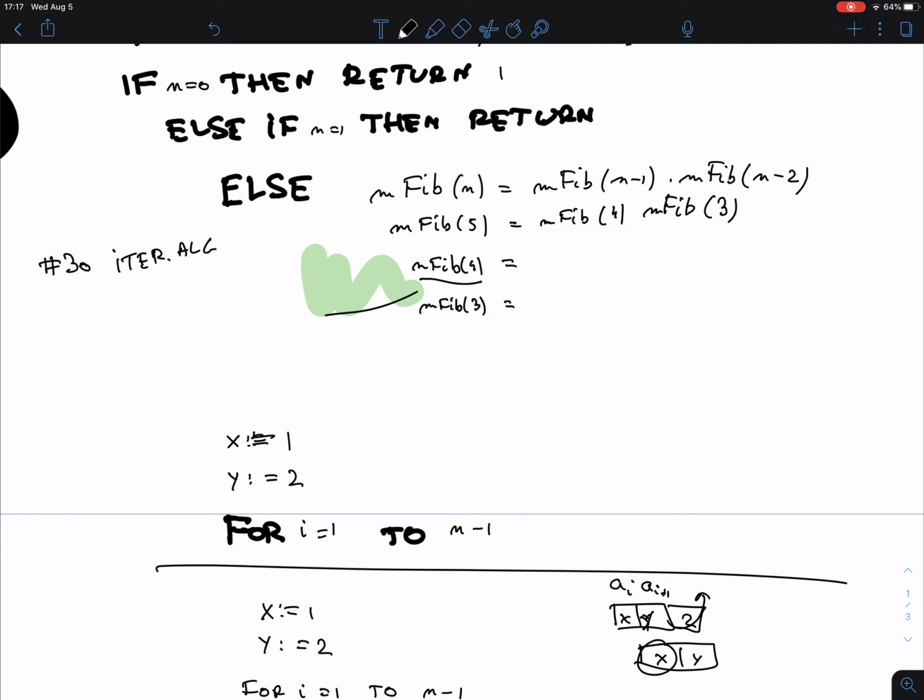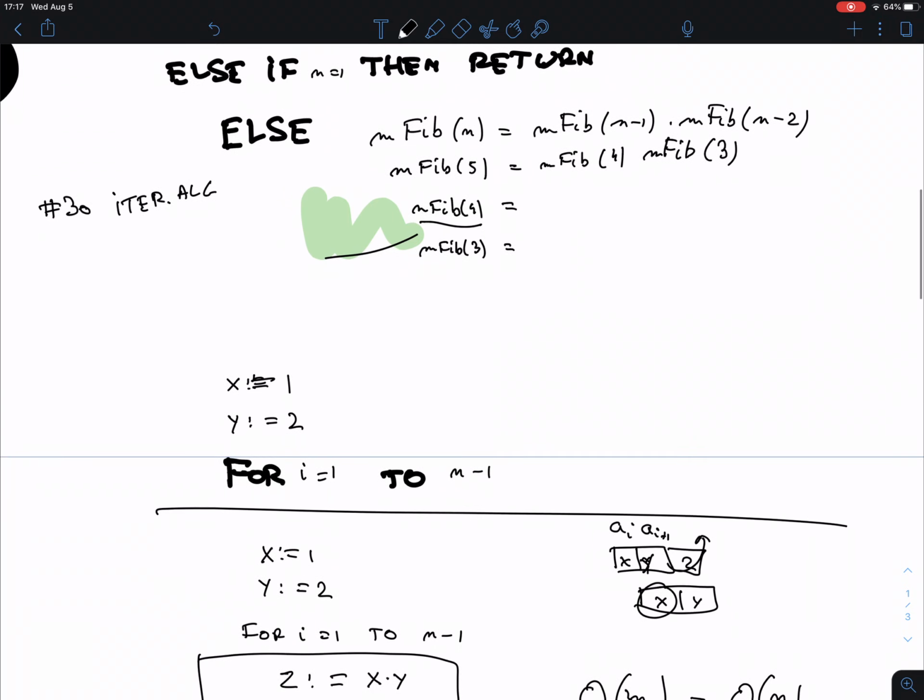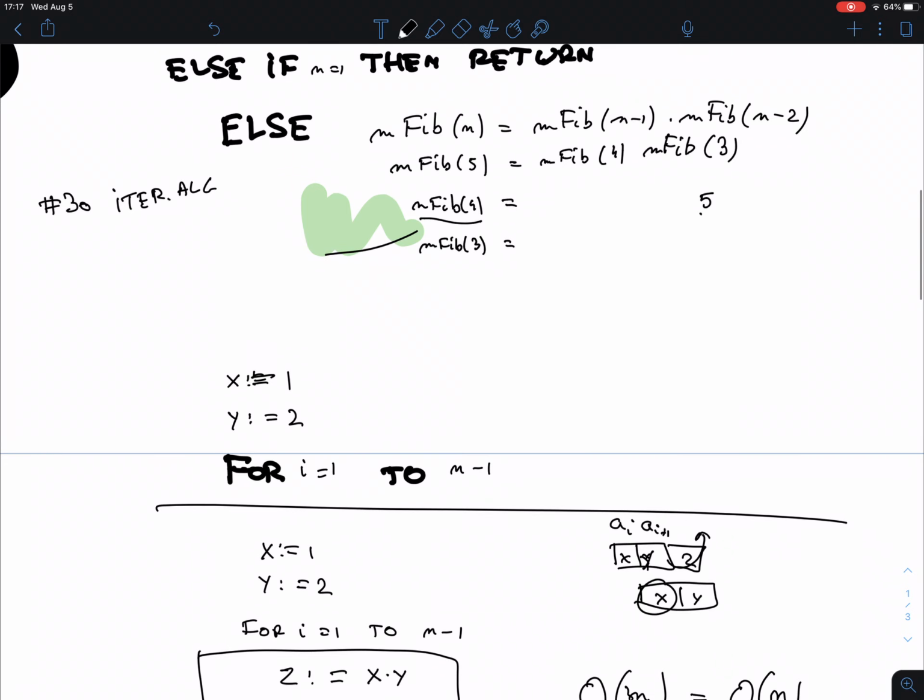Okay, so the way that one often represents this is in a tree. So you have 5, and for 5 you have to do 4 and 3, and to do 4 you have to do 3 and 2, and to do 3 you have to do 2 and 1, and to do 3 you have to do 2 and 1. For 2 you have to do 1 and 0, for 2 you have to do 1 and 0.